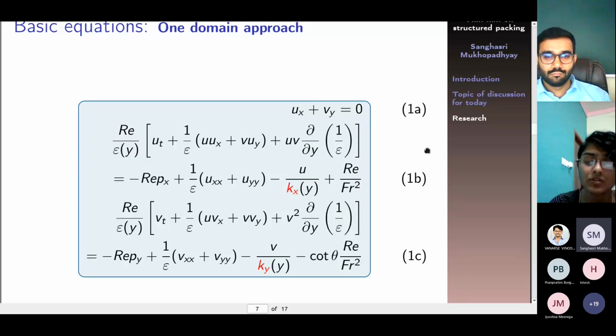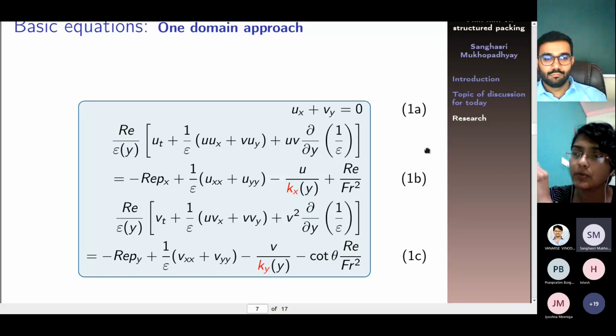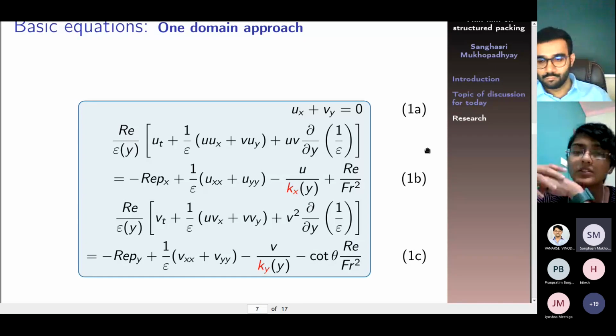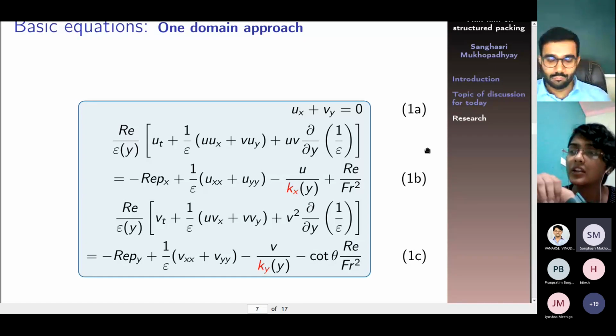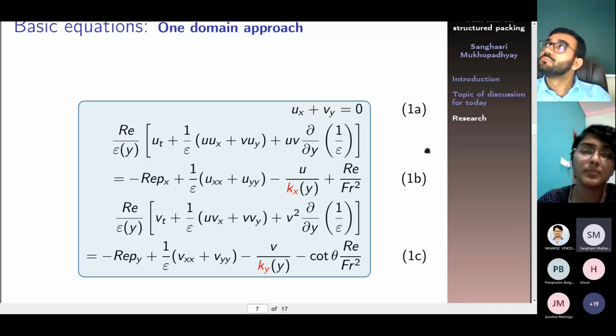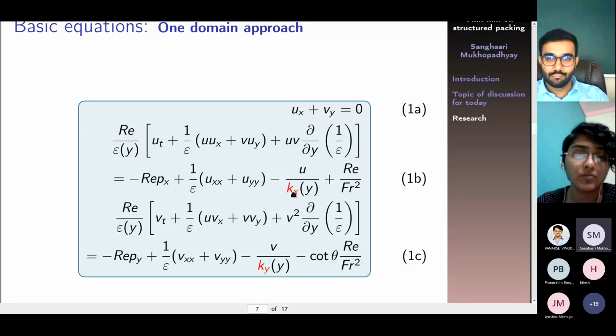For our case, because I told you that we have an anisotropic porous medium, the permeability changes from one direction to another. Basically, permeability is a tensorial quantity, but for simplicity, because we are in the two-dimensional case, we have defined this vector in this way, so that it has a part that is changing in the streamwise direction.